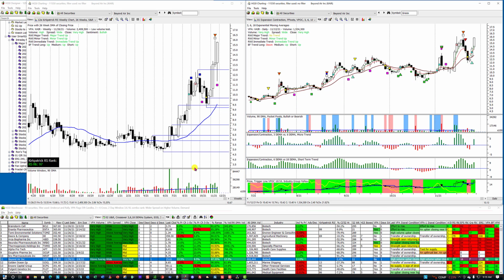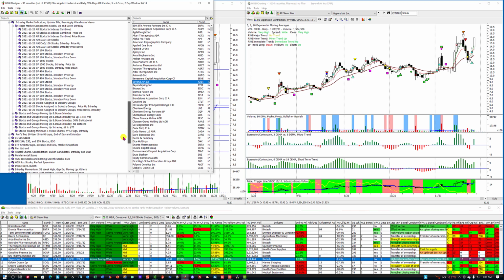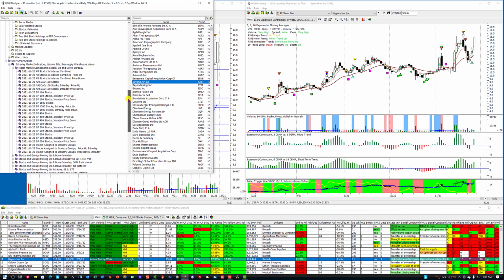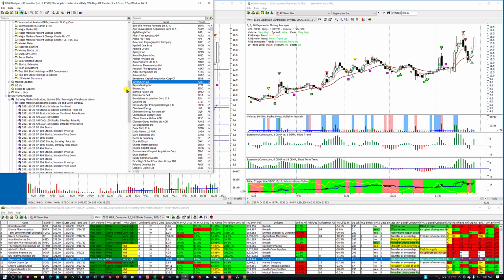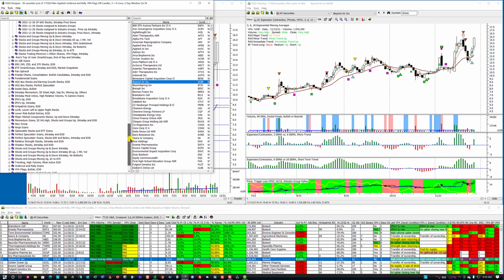And this is a nice setup, or screen, I should say. Now, another thing I'm going to be working more and more on, rather than just doing all securities, I think an excellent way to do this is to set up some smart group scans and then apply these views to the scans.